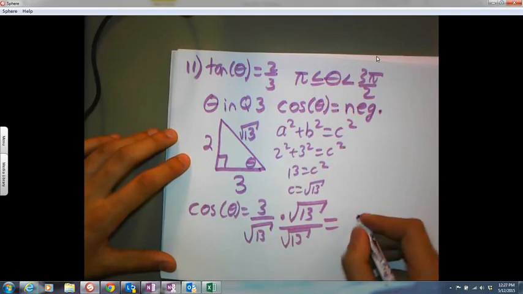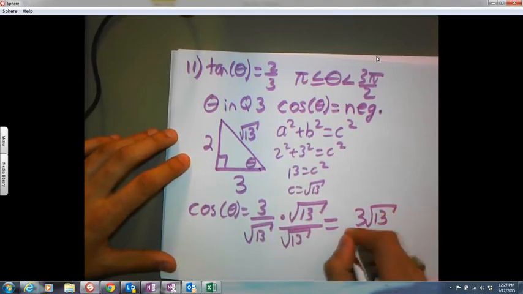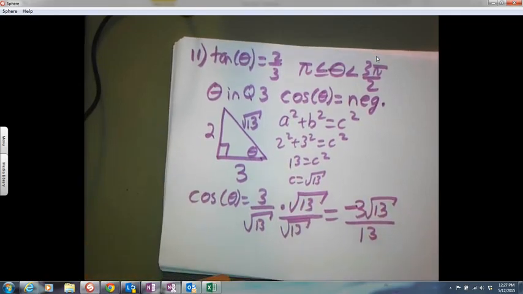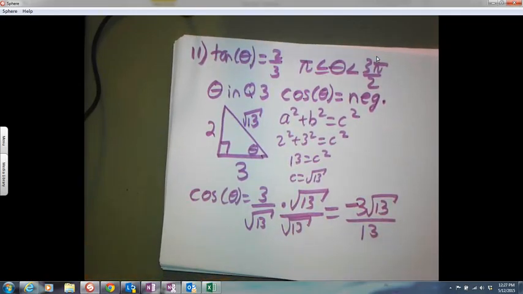Slap the negative sign on at the end. Questions on 11?